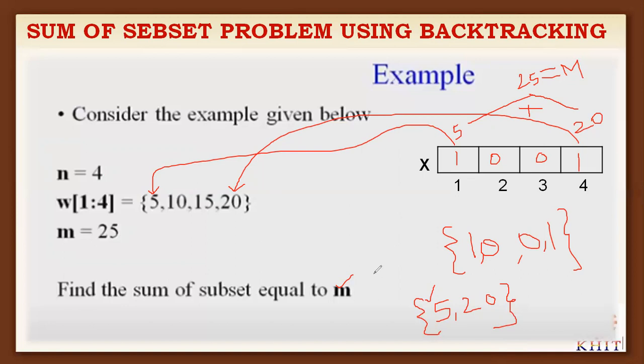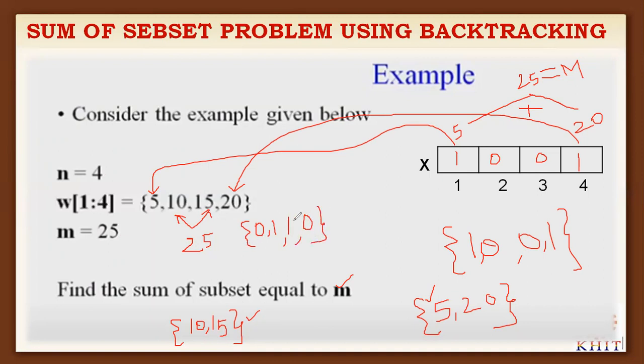And you will get one more solution. If you add these two elements, 15 plus 10, the sum is 25. So here you will get one more solution, 10 comma 15. If you select these two elements, this is also generating another solution. So here, what is the tree form? First one is not selected. 0, 1, 1, 0.